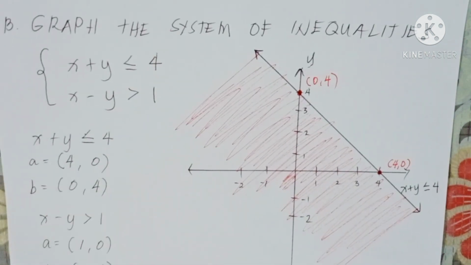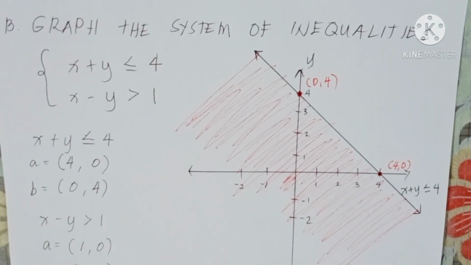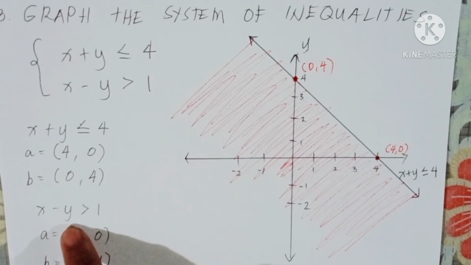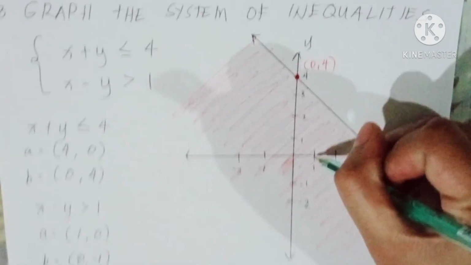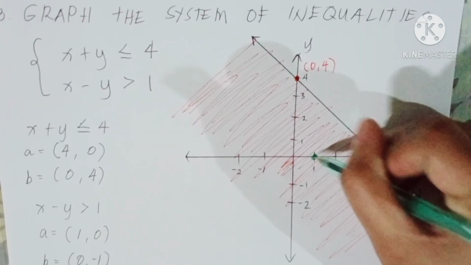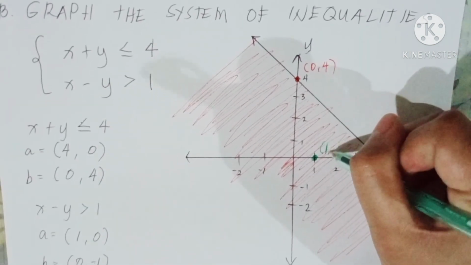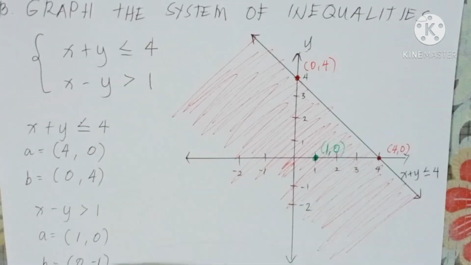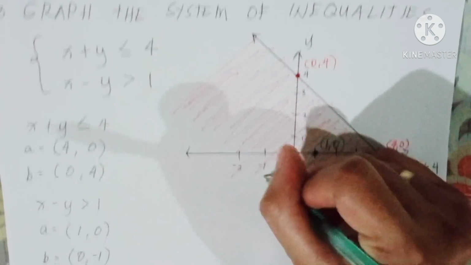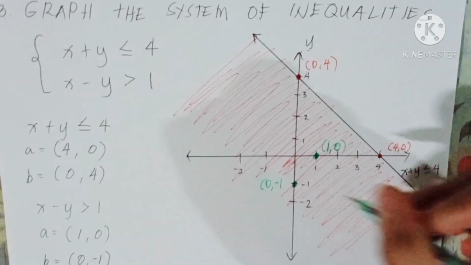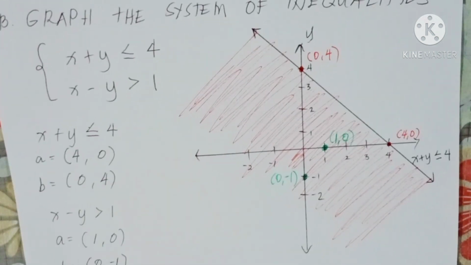Okay, now let's have the x minus y greater than 1. So we plot 1, 0. So 1, 0 is here. And then we have 0, negative 1. It's here. 0, negative 1. And then we connect.